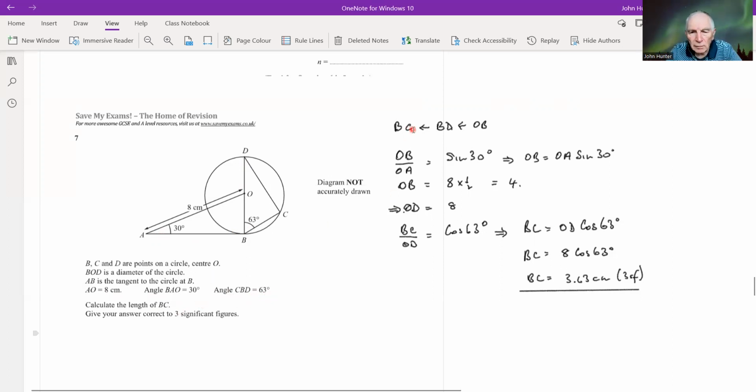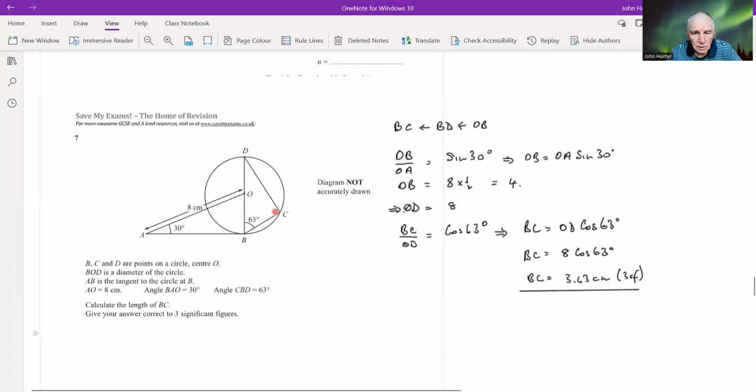Okay, so again, a little plan. We can get BC if we know BD. We can use SOHCAHTOA then. We should also note that because this is a diameter, this angle here is a right angle. So that's an important circle theorem fact, actually.